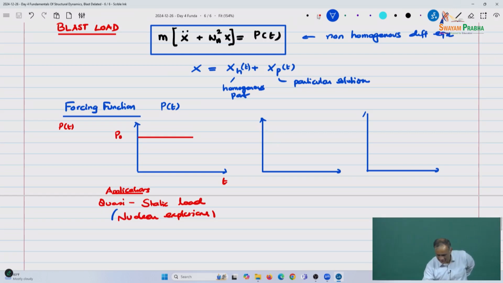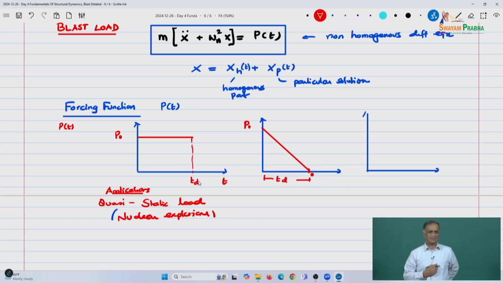We said this is P naught to 0 over TD. So you see how nicely it develops into something very simple; this is load duration. For practical applications, just take these basic differential equations and apply. We're just moving on, adding a little more layers.